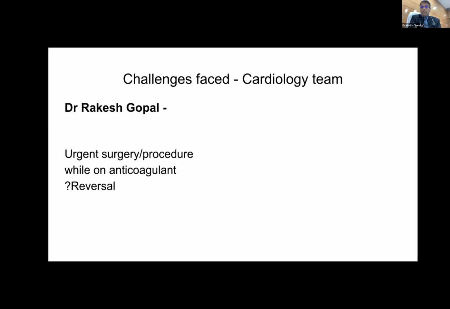Though these reversal agents are very, very expensive and should be used judiciously only in emergency cases. And as Dr. Rakesh has already told, the half-life of these NOACs is very low. So if you stop them after 12 hours, their levels rapidly fall. So after a day or so, you can safely perform a surgery.